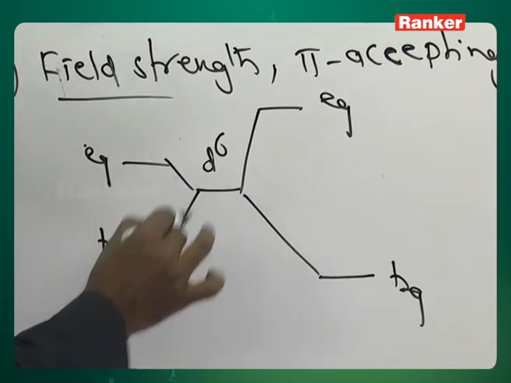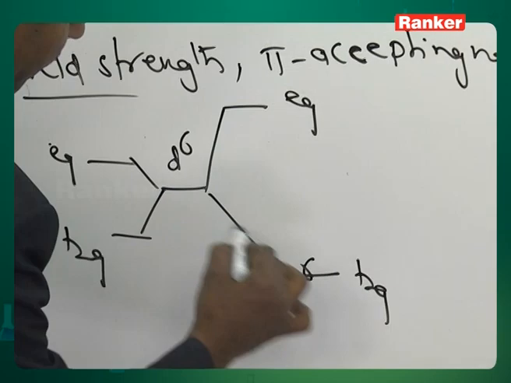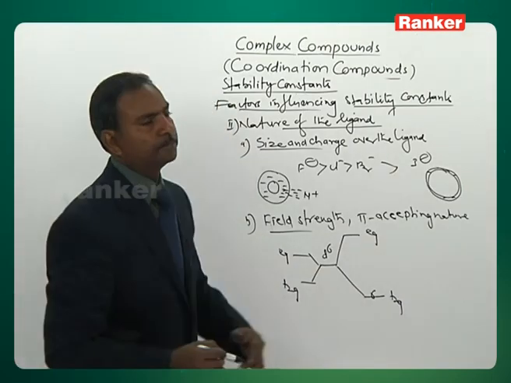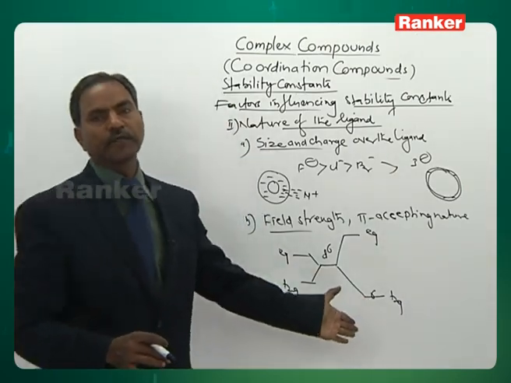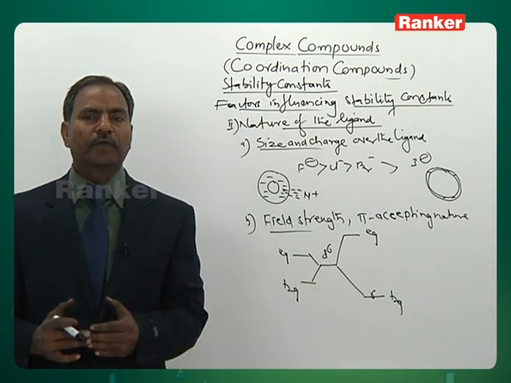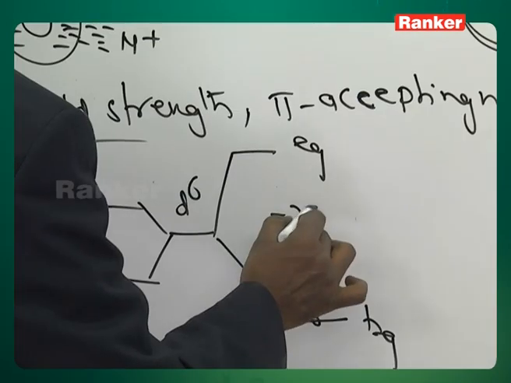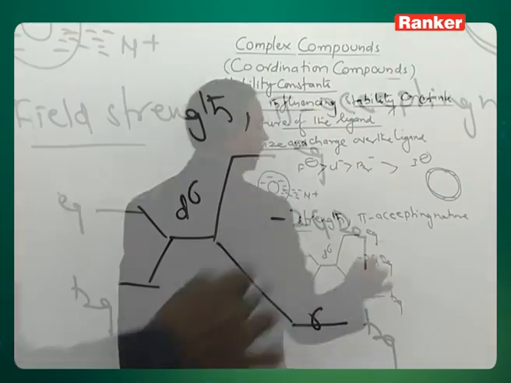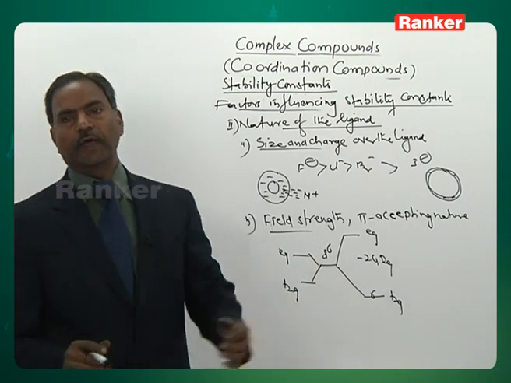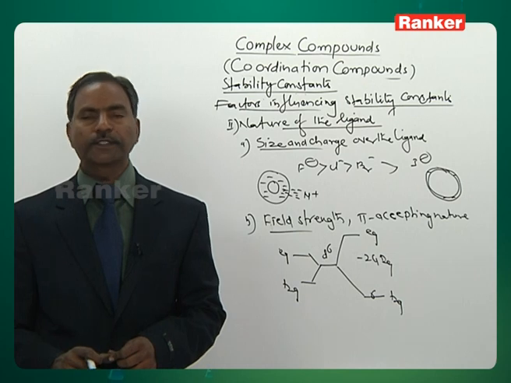This is t2g, and eg you take. Now, all the 6 electrons are entering the lower energy level. Then you talk about the CFSE of this complex, it has the highest CFSE, minus 2.4, or minus 24 Dq of CFSE value it is gaining. Therefore, that particular complex is found to be highly stable.